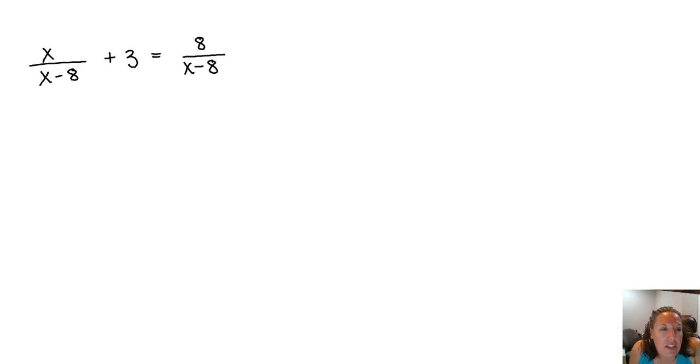Here we have x over x minus 8 plus 3 equals 8 over x minus 8. And so in the denominator there, we've got an x minus 8 and an x minus 8. So that is going to be our LCD, x minus 8.